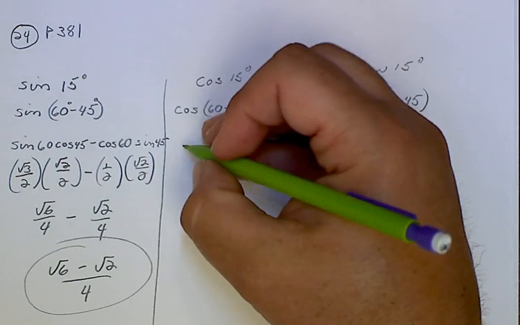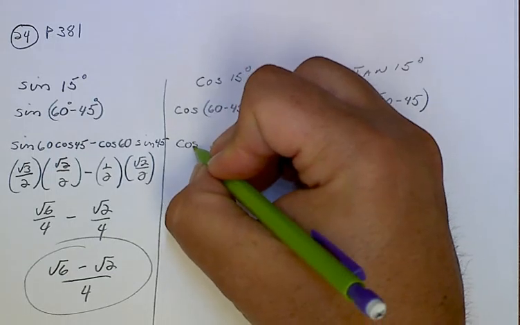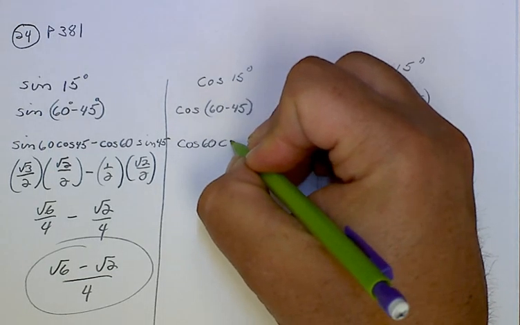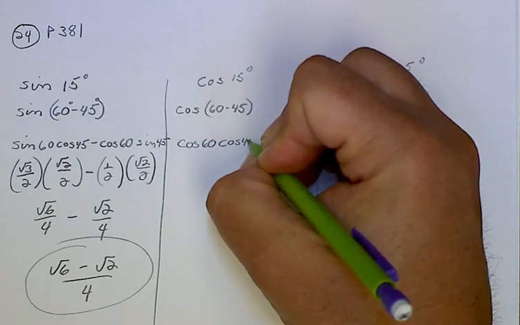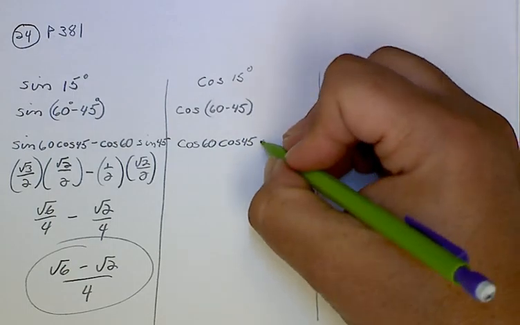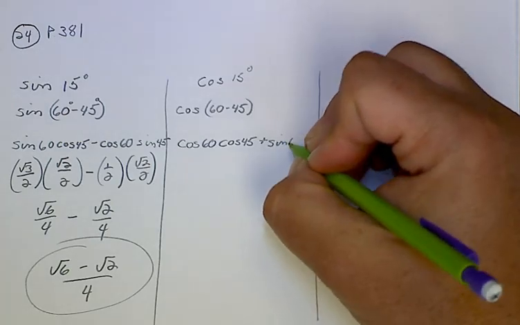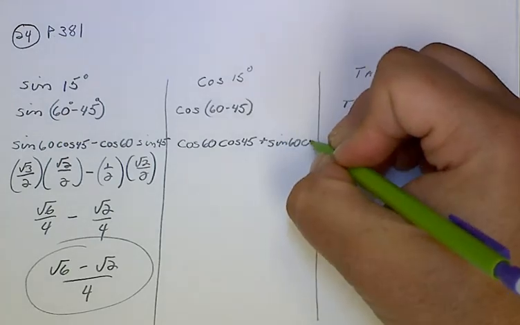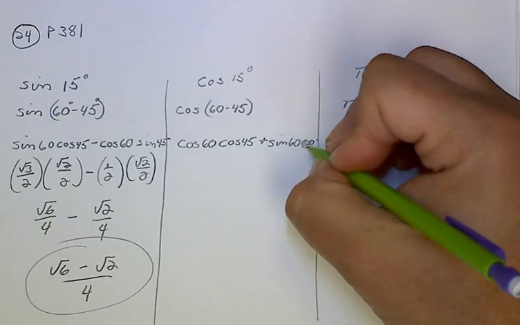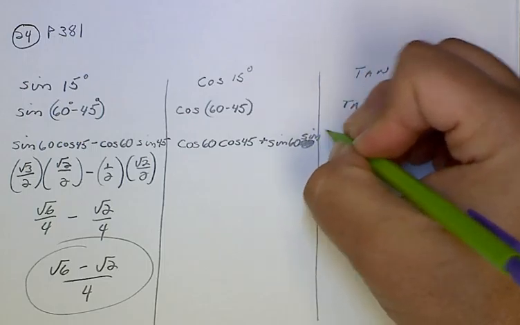Cosine turns into cosine of the first times the cosine of the second. This turns into plus, through our formula, sine of the first, sine of the second.